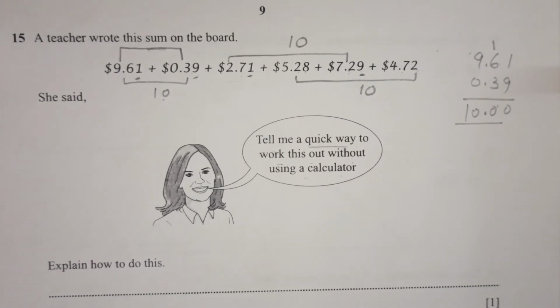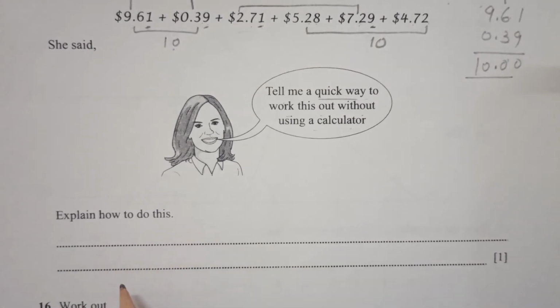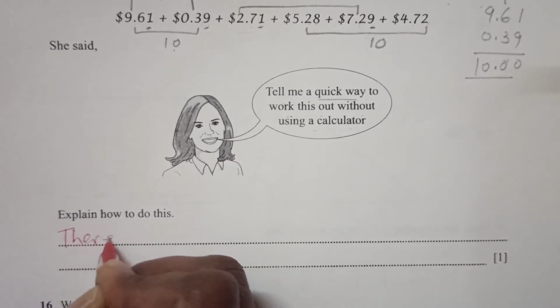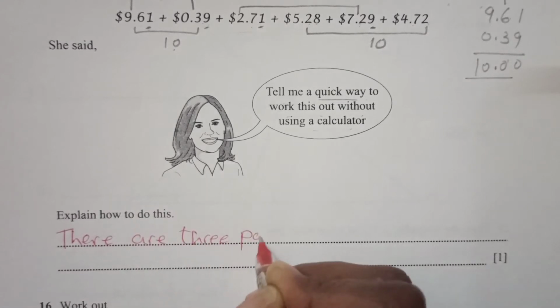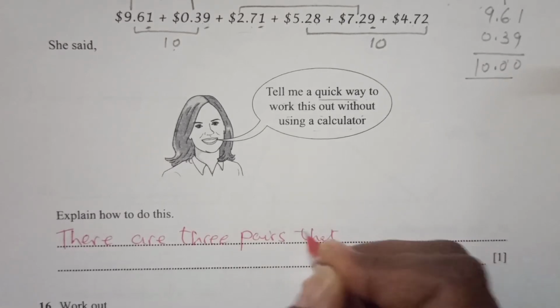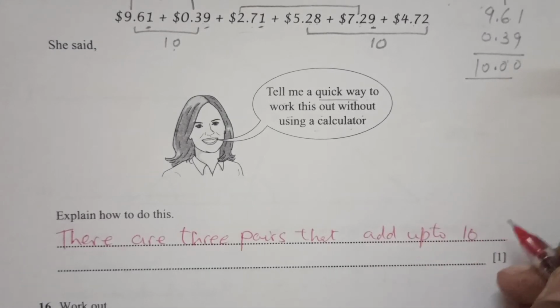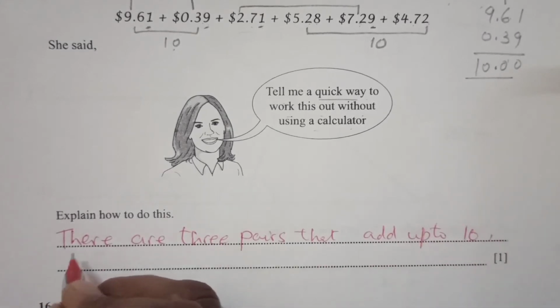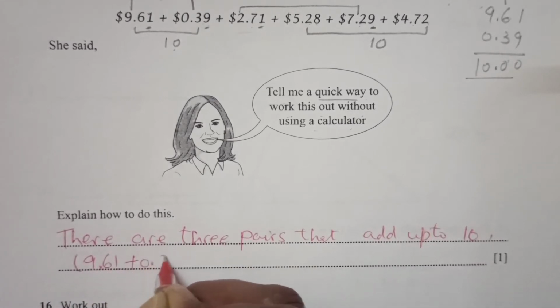So the question is explain how to do this, right? To do this, we can say we can make the pairs. We can say there are 3 pairs that add up to 10, right? So those pairs are, we can write it down, 9.61 plus 0.39.